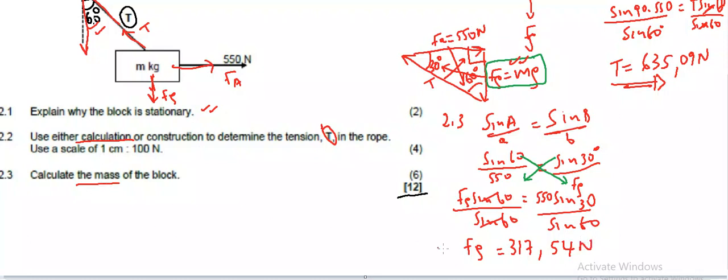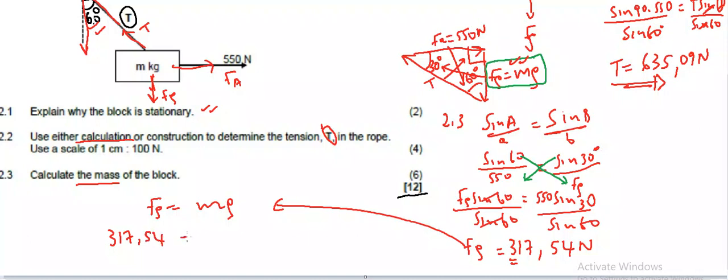Now let's go to the question. Calculate what? The mass. Now that we have Fg is equal to mg, we take this value and substitute in for Fg. So Fg is 317.54, which is equal to m, the mass, which is what we are looking for, times g, which is a constant 9.8.